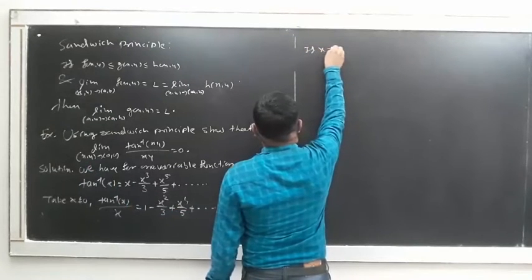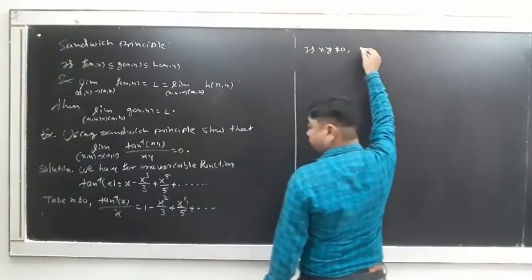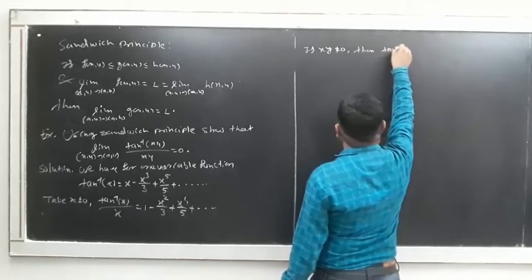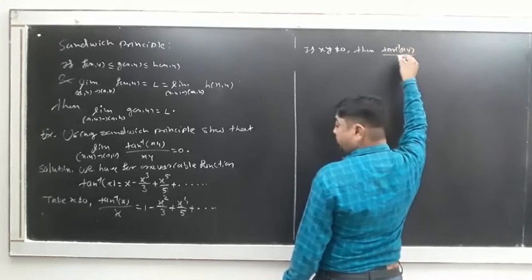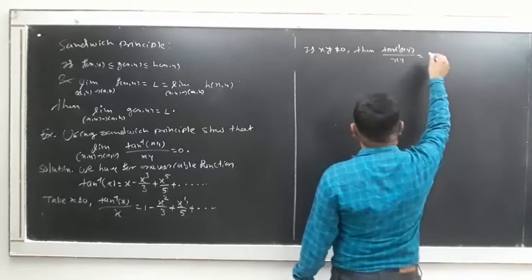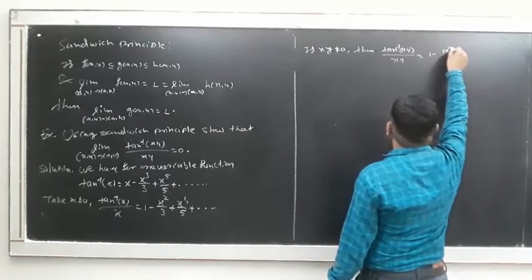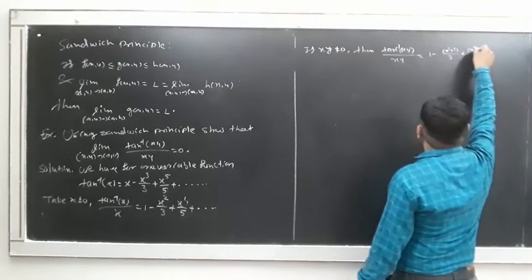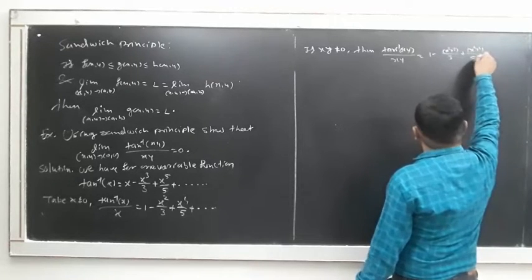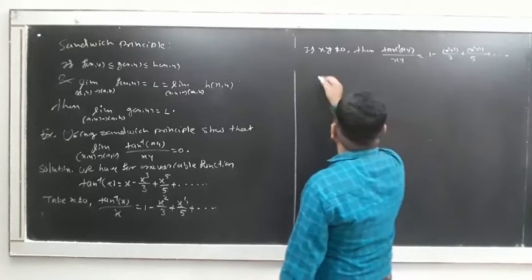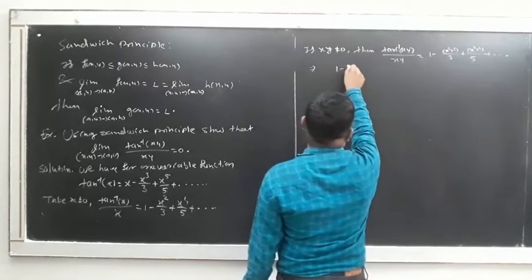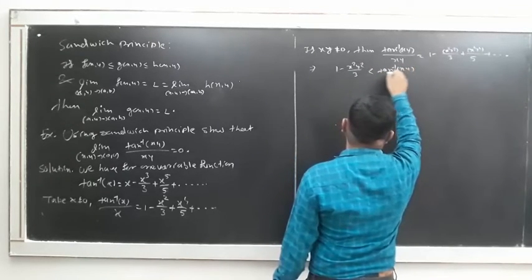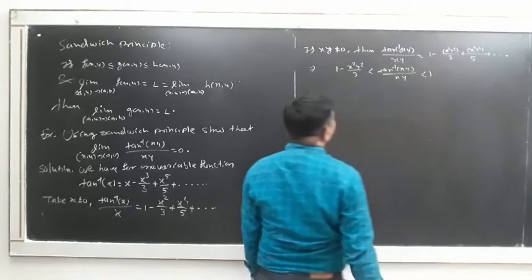And if xy is not equal to 0, then tan inverse of xy upon xy is equal to 1 minus x square y square upon 3 plus x raised to 4 y raised to 4 upon 5. So this implies that 1 minus x square y square by 3 is strictly less than tan inverse of xy upon xy, which is strictly less than 1.